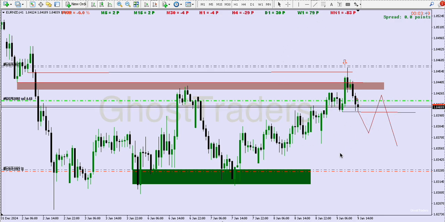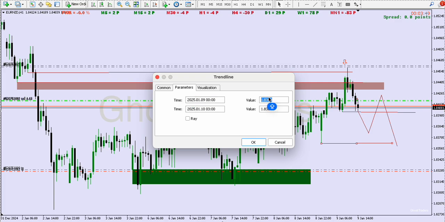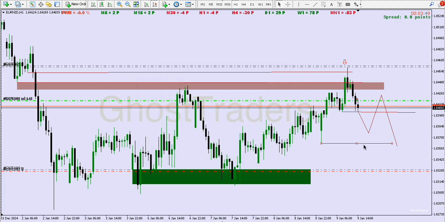So I believe if price gets to this level here, I'm going to have my SL in profit, okay? So basically I put it after 30 to 40 pips, okay? If price moves 30 to 40 pips, I'm just going to put my SL in profit.